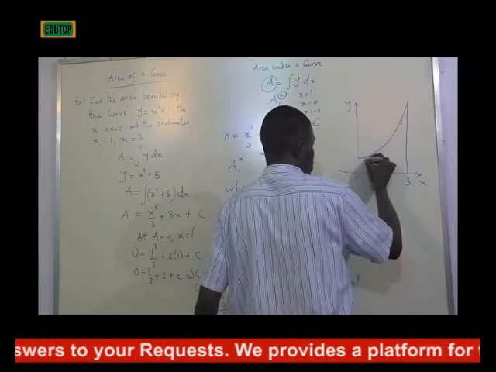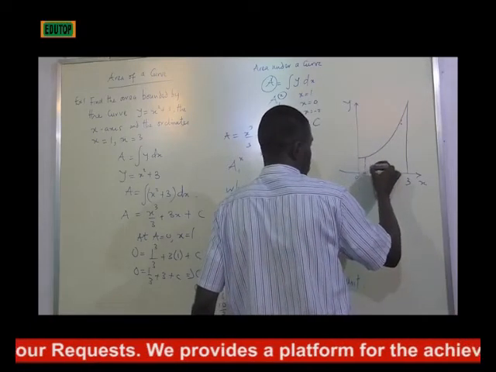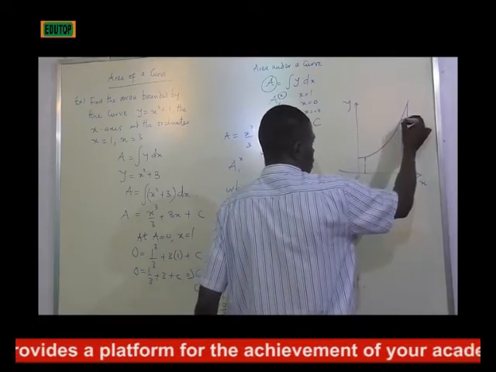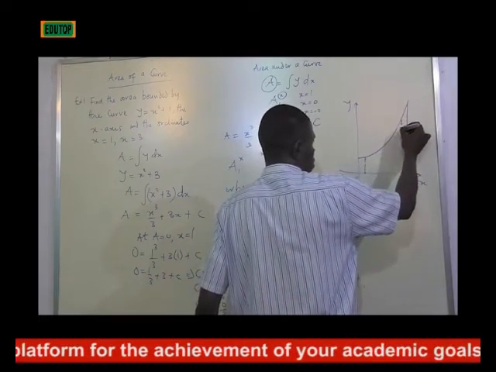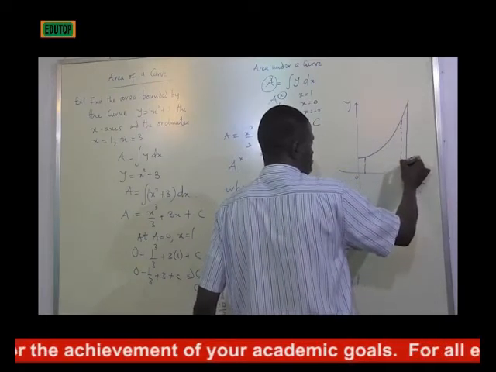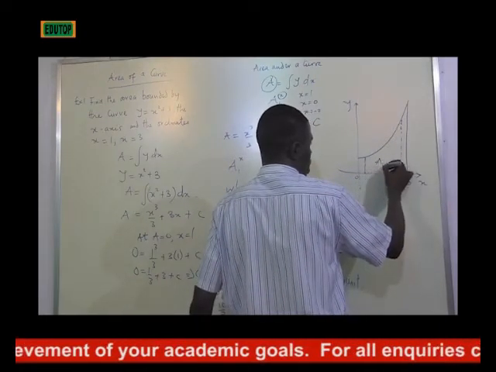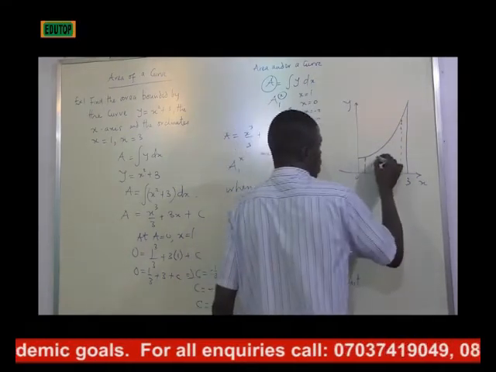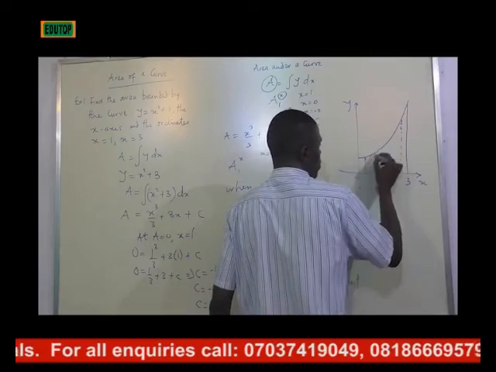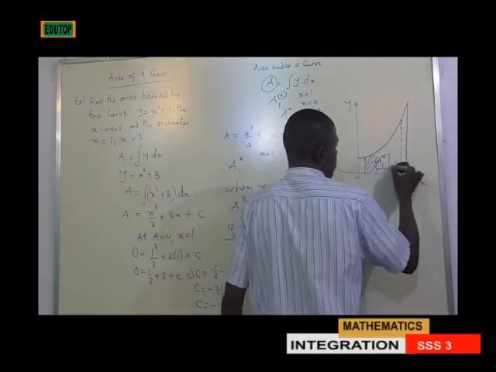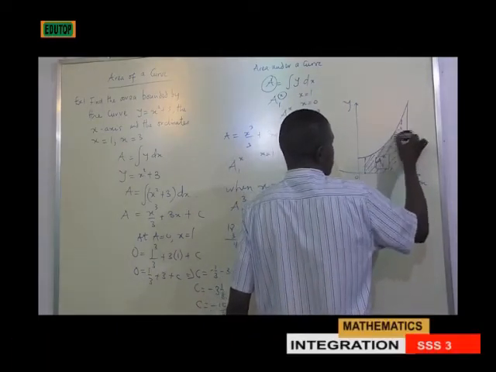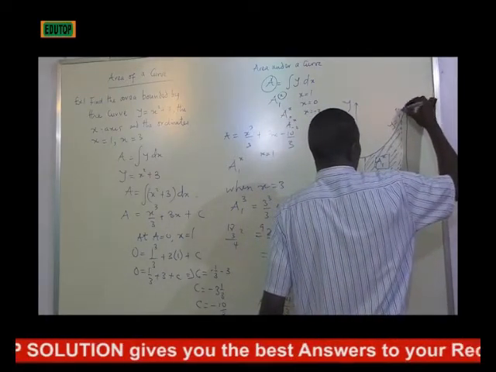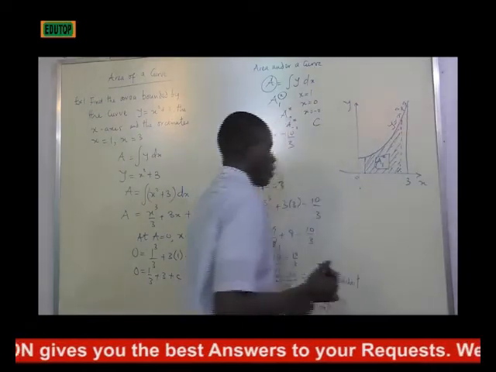The area you are talking about, you have 1 somewhere around here. So you can draw a kind of broken line here. Then this one will be your A1, which is your model. This will be the region. So you can have your A1 region this way, and you shade all this. So that means this is the area under this curve, and the curve is y equals x squared plus 3.